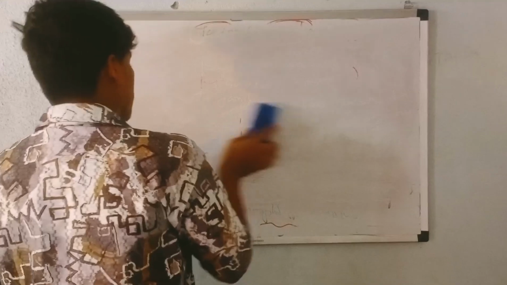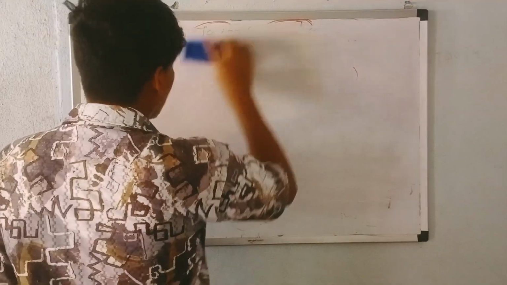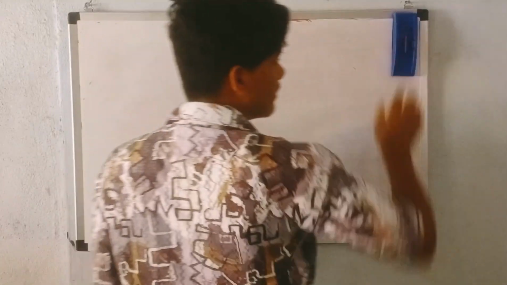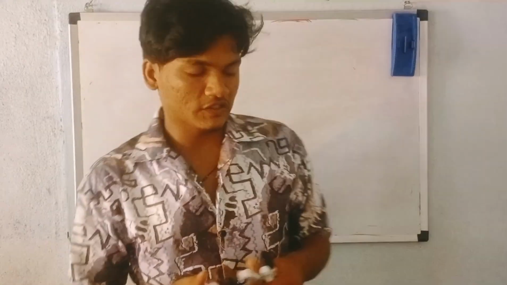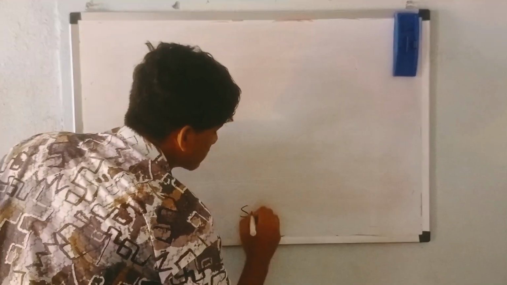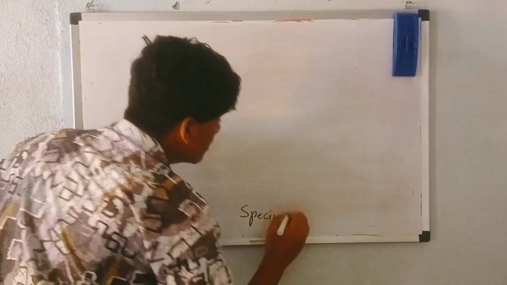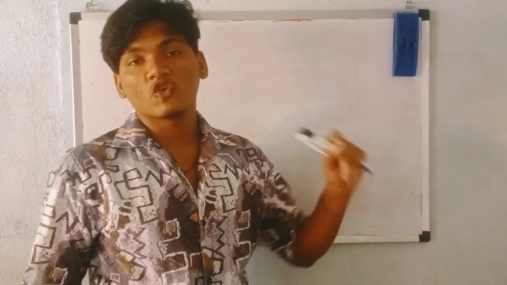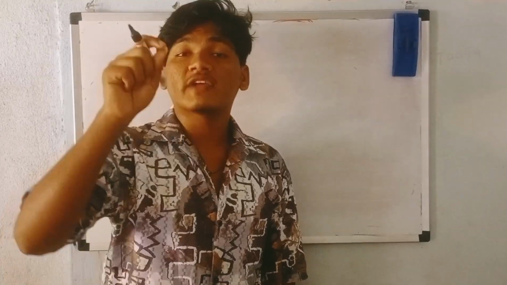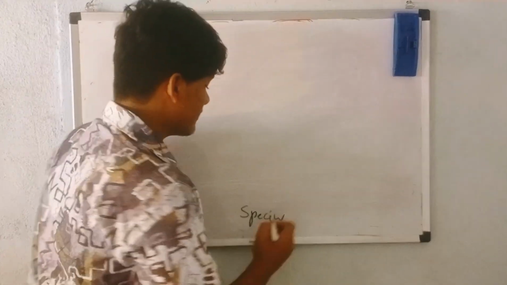From now onwards you want to remember all the scientific names, and which is the species and which is the genus. Everything is very important. First of all I would like to talk about species. Species is the lowest category in the taxonomic hierarchy. If they ask which is the lowest category in the taxonomic hierarchy, that is the species.